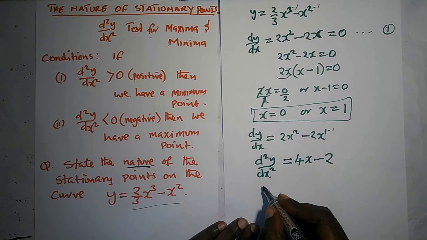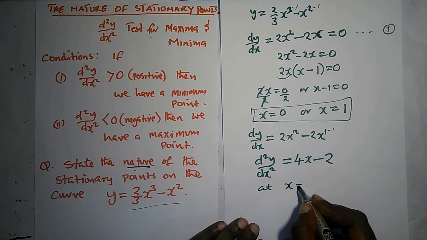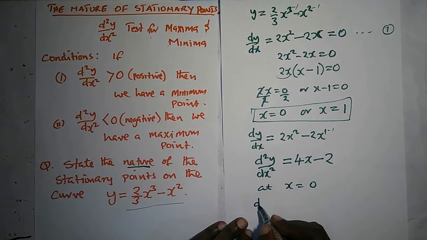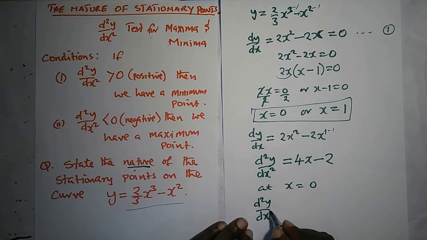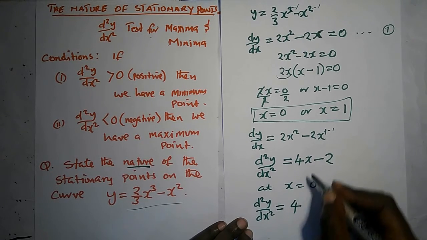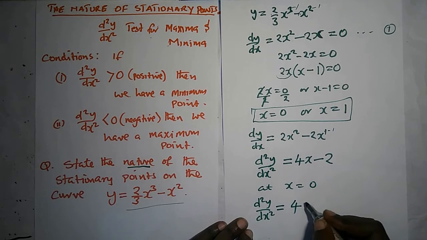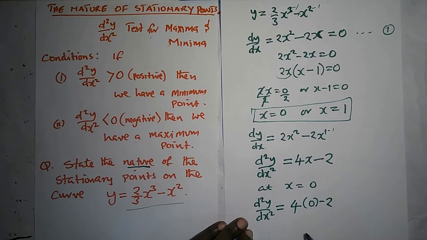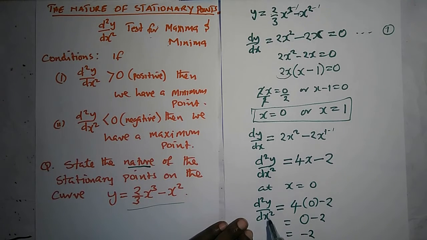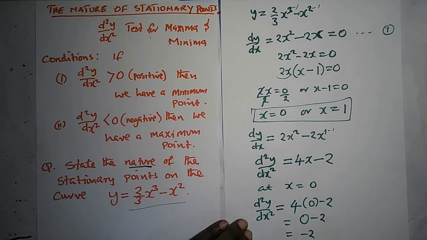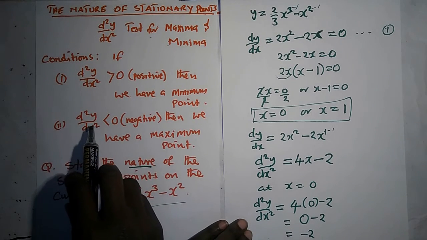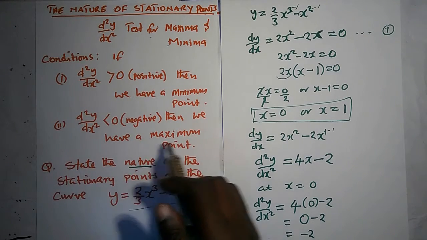At x is equal to 0, d2y dx2 will be equal to 4 times 0 minus 2. 4 times 0 is 0, minus 2 gives us negative 2. Since d2y dx2 has been found to be negative, according to our condition, we have a maximum point.